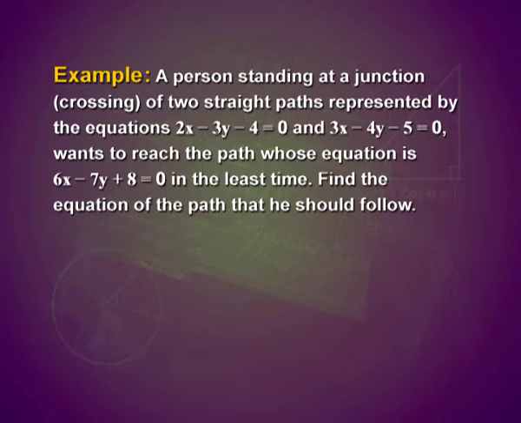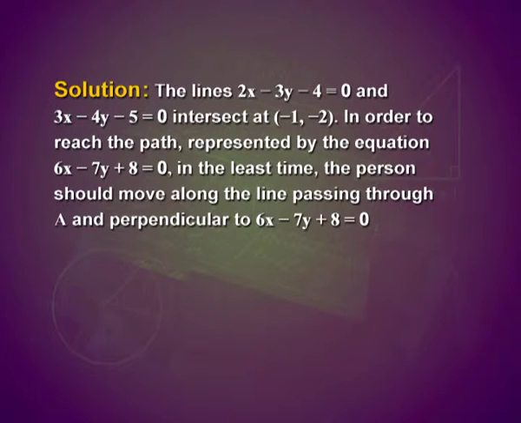For the solution, the lines 2x minus 3y minus 4 is equal to 0 and 3x minus 4y minus 5 is equal to 0 intersect at minus 1 comma minus 2.